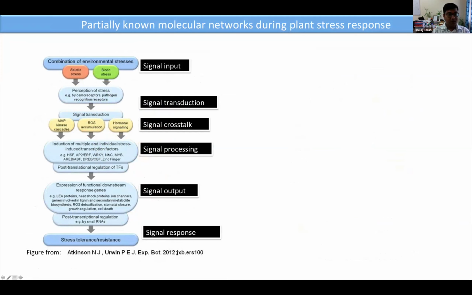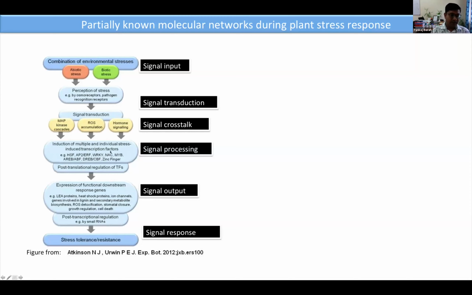Then signal crosstalk takes place. If it is a single stress, there is a clearer picture of how the signal is transduced. But if more than one kind of stress comes together, how will those signals crosstalk with each other?